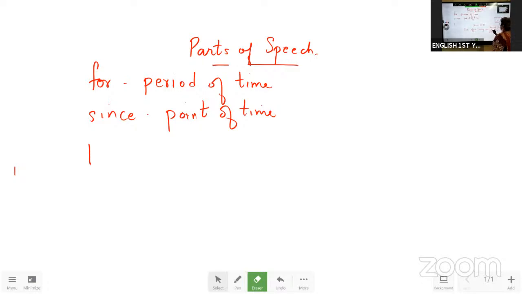It is between 9 a.m. and 4 p.m. So these are a few things that you should keep in mind when you do preposition.